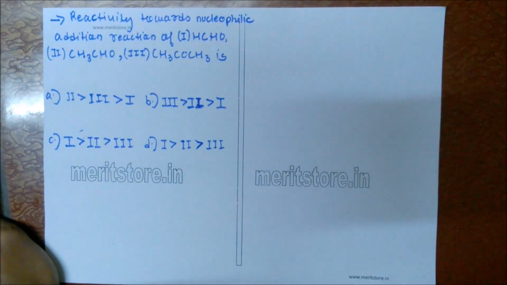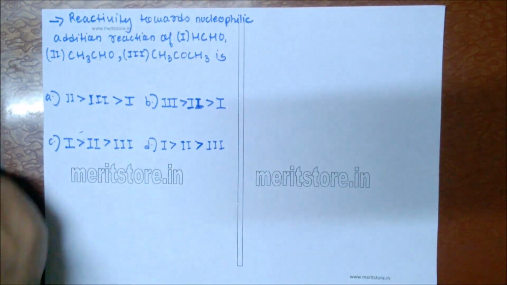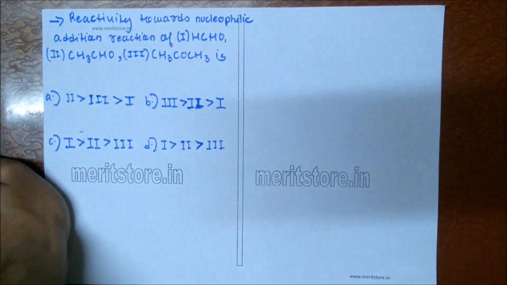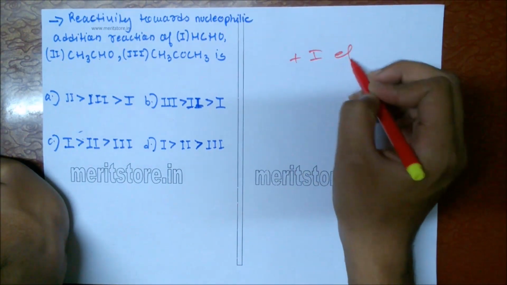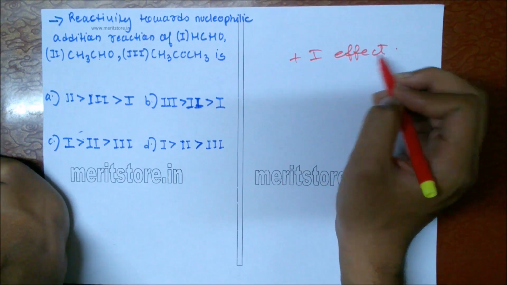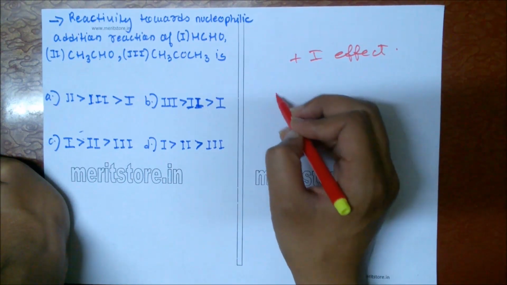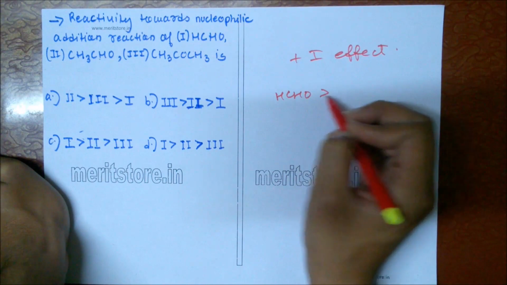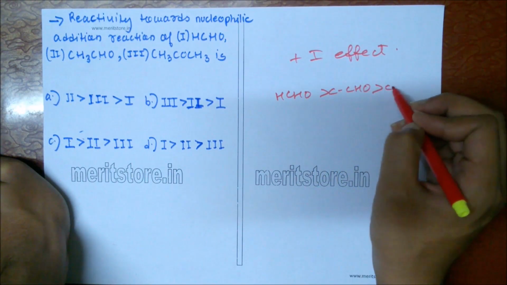Activity towards nucleophilic addition reaction of formaldehyde, acetaldehyde, and acetone: the carbonyl carbon becomes more reactive towards nucleophilic addition by increasing plus I effect. So it is more reactive towards nucleophilic addition with plus I effect of alkyl group. So the reactivity order will be formaldehyde, then acetaldehyde, and then acetone.